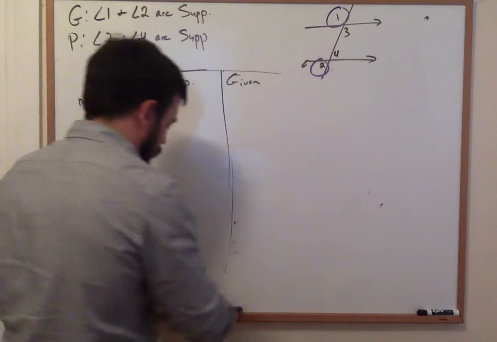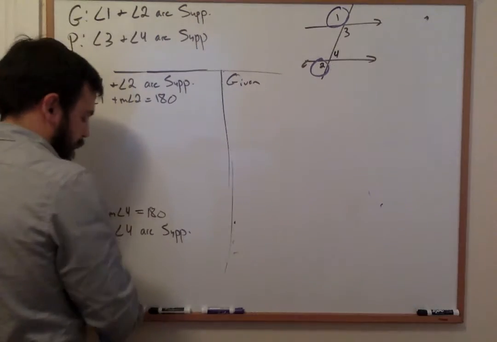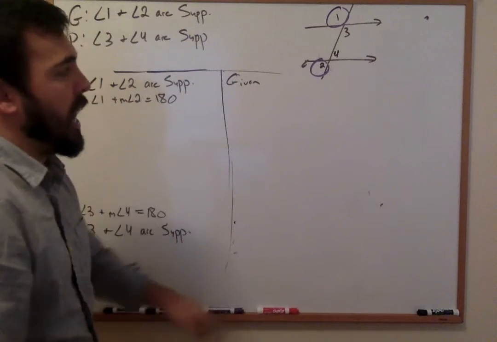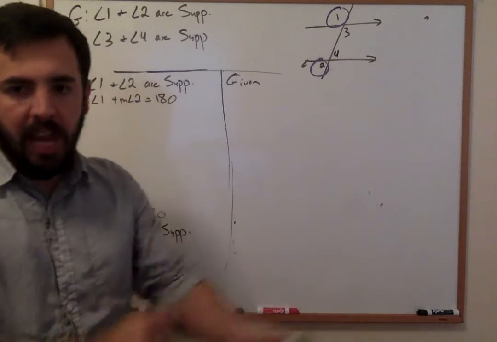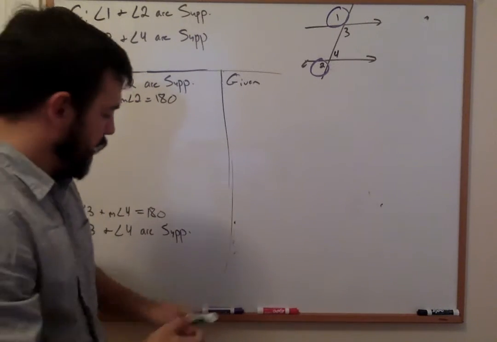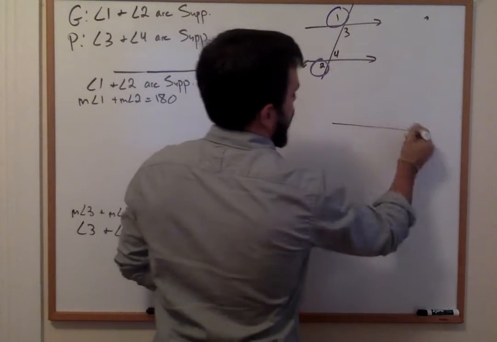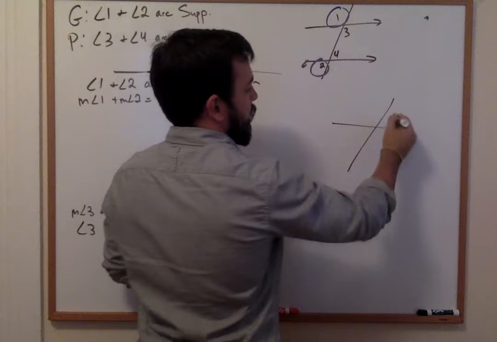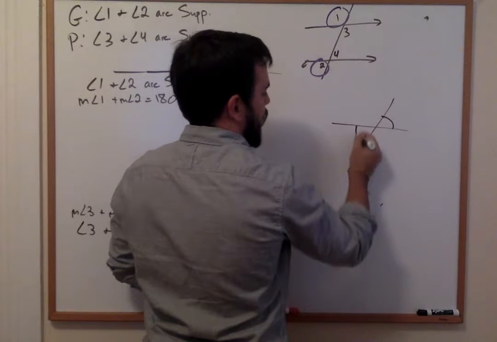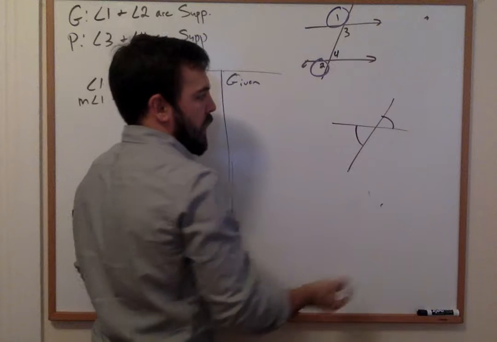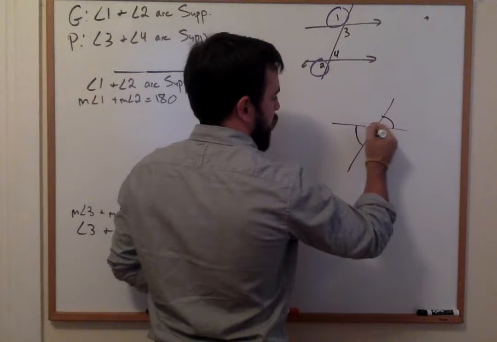So if you're not aware yet, make sure you find a way to get aware. Okay? We have here vertical angles. Okay? Just to recap, any time that we have two intersecting lines, the angles that are directly opposite each other will be vertical angles. It does not matter their position.